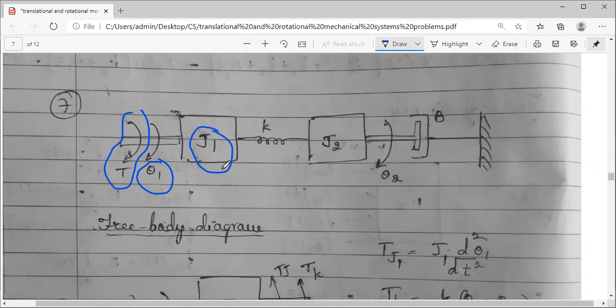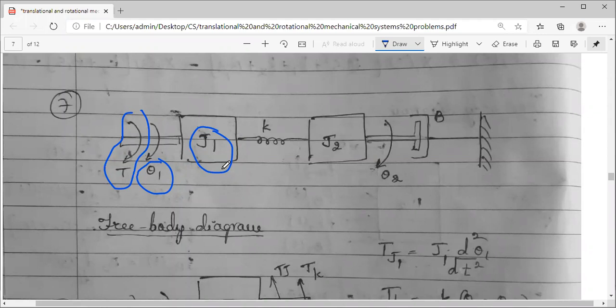So again we have this. No doubt the problems which I'm solving are section wise. Earlier I took translational problems, now I'm dealing with the rotational. But in your examination, they won't specify whether this is rotational or translational. So you need to identify first of all which category the problem belongs to, rotational or translational. That depends on the elements connected.